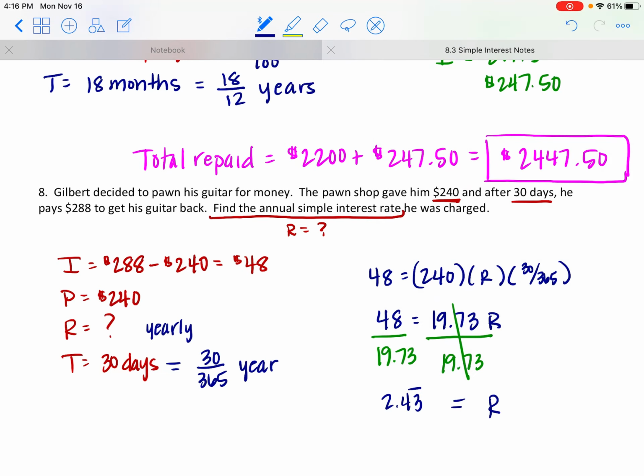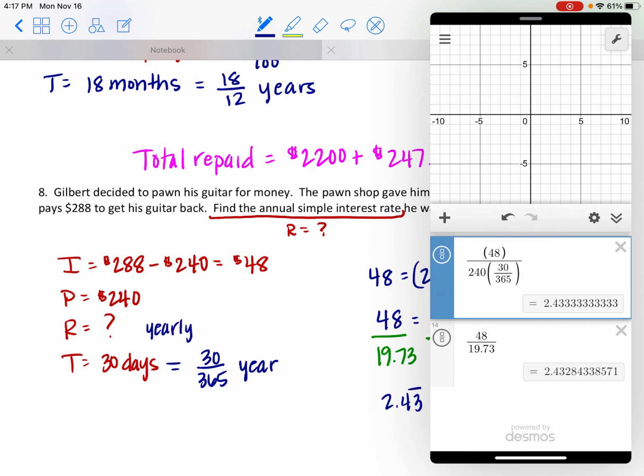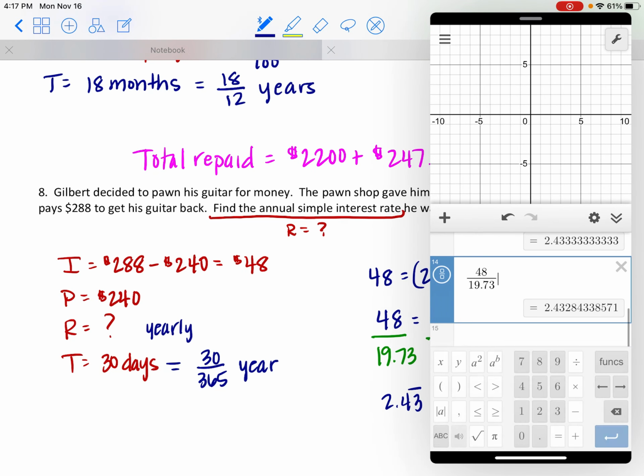But later on we're going to get to some more complicated formulas and we don't want to round. We want to round as little as possible because it just creates more error. But 2.43, does that mean our rate is 2.43%? Now remember, it goes into the formula as a decimal, it comes out as a decimal, and we have to convert it back to a percent. To go from a decimal to a percent, we have to multiply by 100, right?